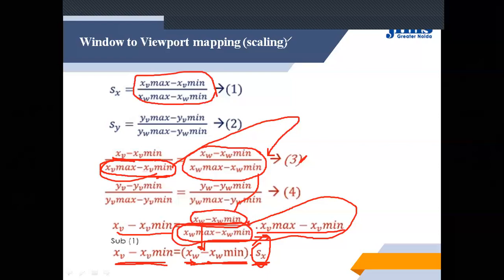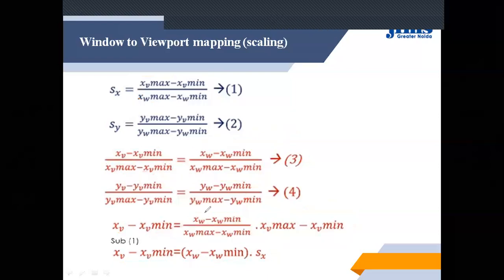So when I am again going to solve this, I can move this to the right side. So xv will be equal to this one plus this, and when it is minus, it will be plus on the opposite side.